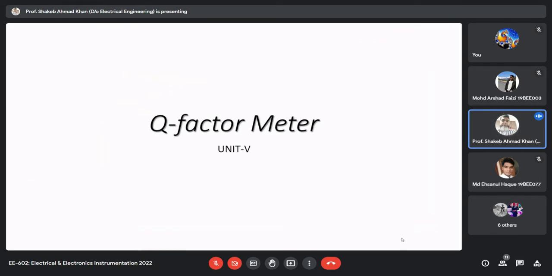So we had already, even this year also, we discussed the Q factor with reference to certain topic, what is Q factor, how can we measure it. So can anybody tell what is Q factor?